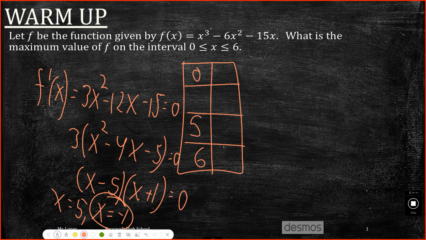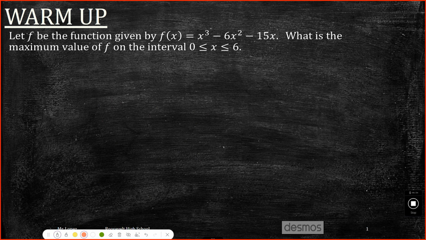So just use, hopefully if this is a calculator, just plug it in, save that function in the calculator and do f of 0, f of 5, and f of 6, and then that should give you the maximum value of it.